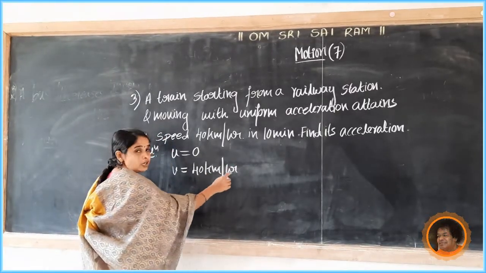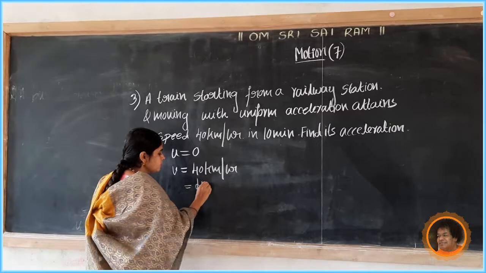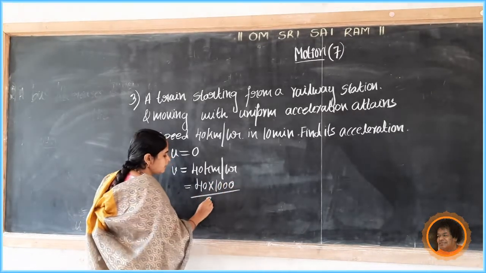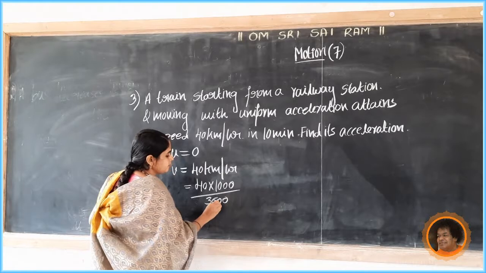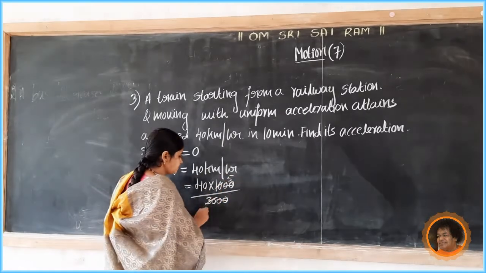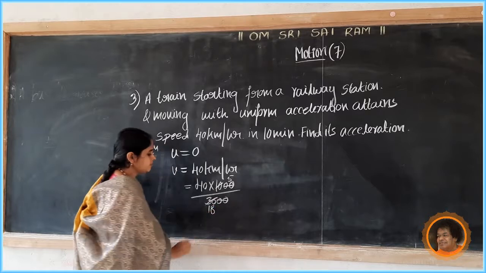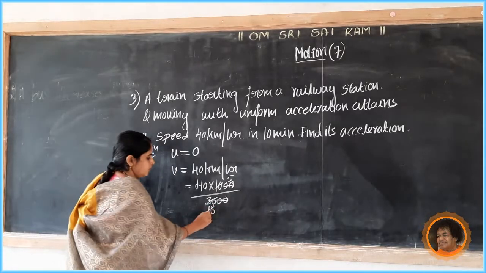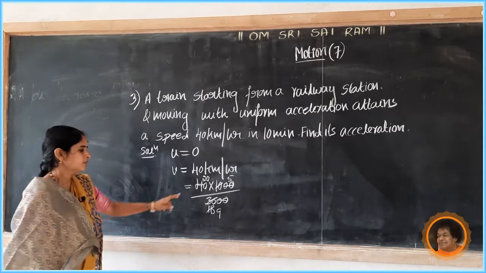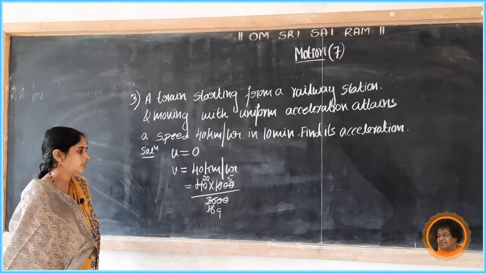Convert this kilometer per hour into meter per second. So 40 into 1000 divided by 3600. 20 cancels here. 2 5s are 10, 2 18s are 36, 2 9s are 18, 2 20s are 40.